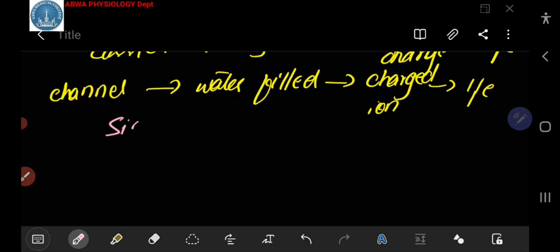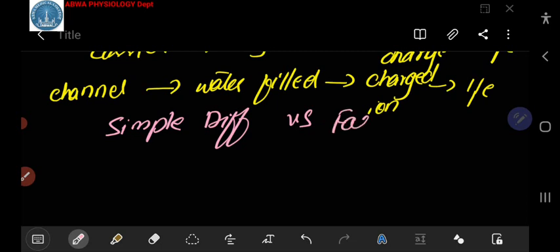Simple diffusion versus facilitated diffusion.